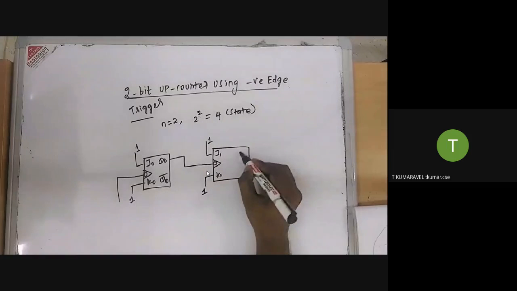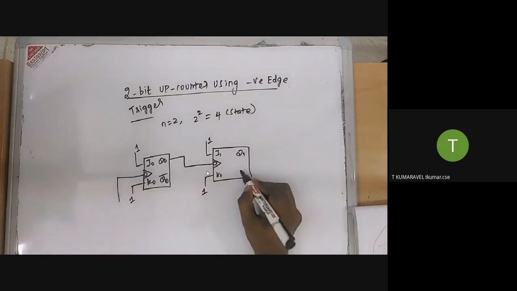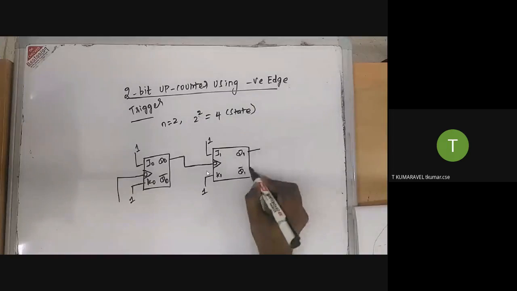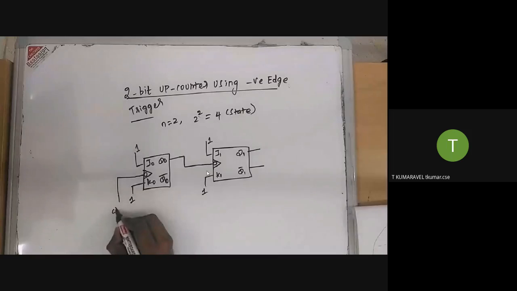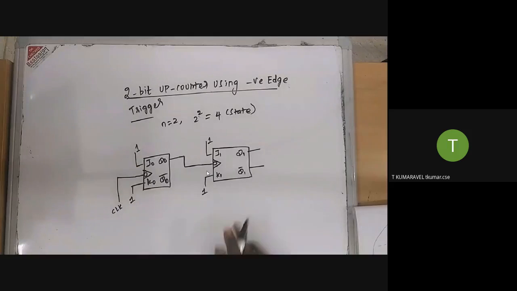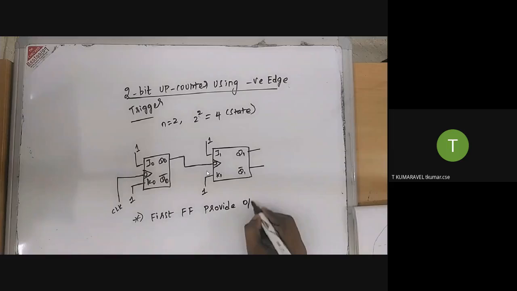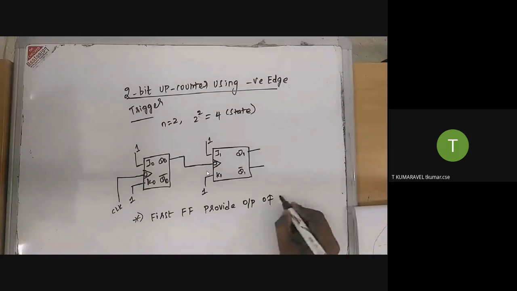So what about the output? The Q1 and Q1 bar. This is the output, and this is the clock. Normally, the first flip-flop in the counter always provides the output of LSB.